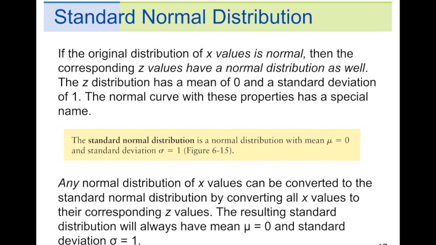Any normal distribution of x values can be converted to the standard normal distribution by converting all x values to their corresponding z values. The resulting standard distribution will always have mean mu equals 0 and standard deviation sigma equals 1. So you can turn any normal distribution into a standard one just by converting your raw scores, the x, into z-scores.